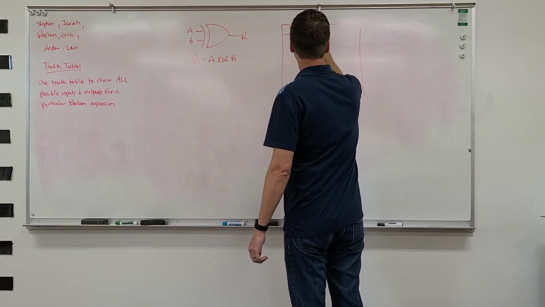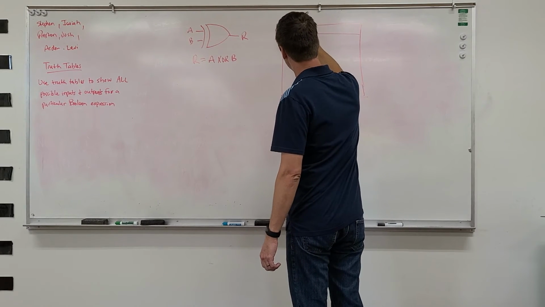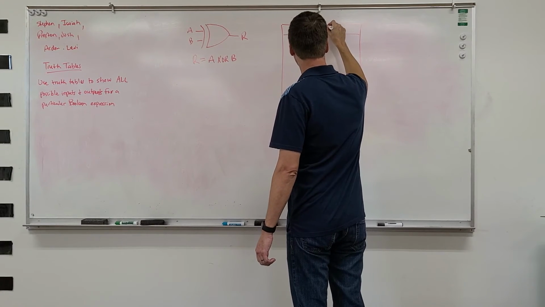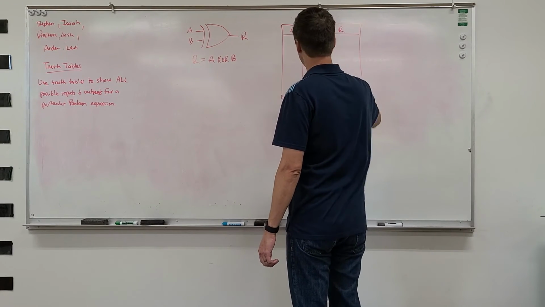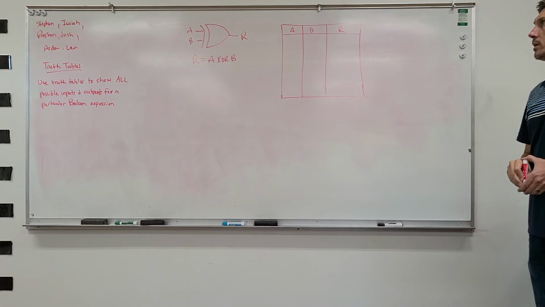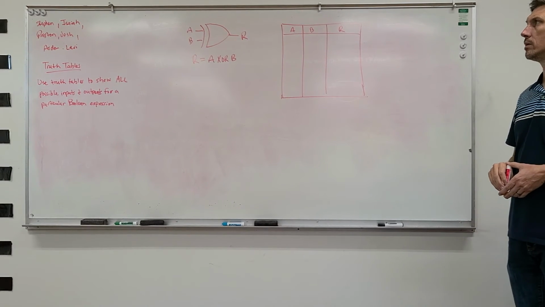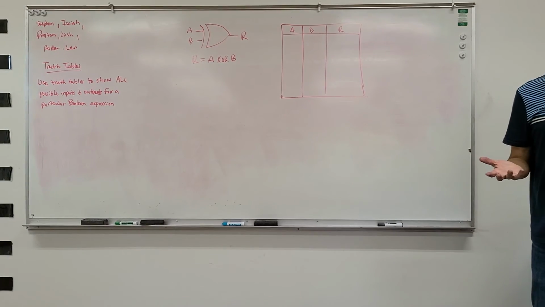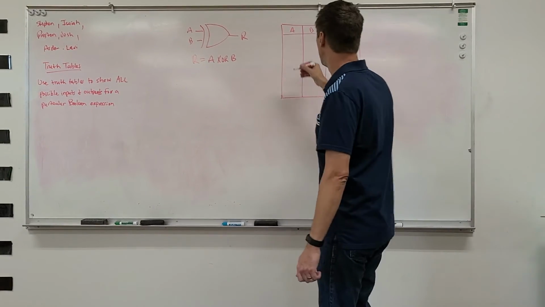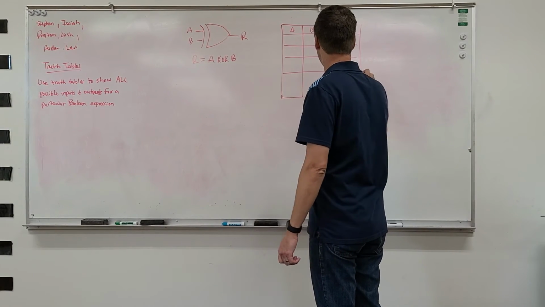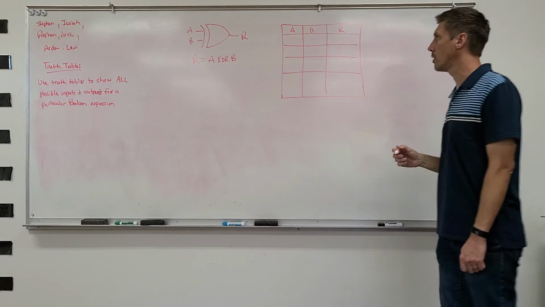At the top here, we've got input A, we've got input B, and then output R, right? And in this case here, the number of possibilities is just going to be 4. 1, 2, 3, 4. So I drew my table a little large.